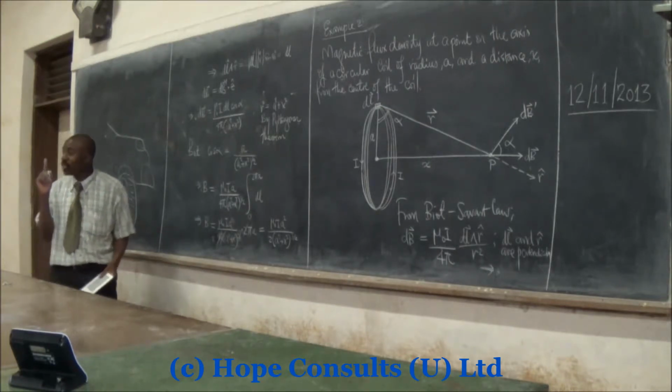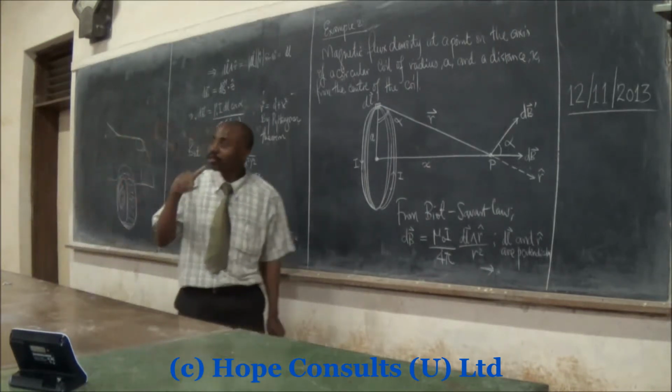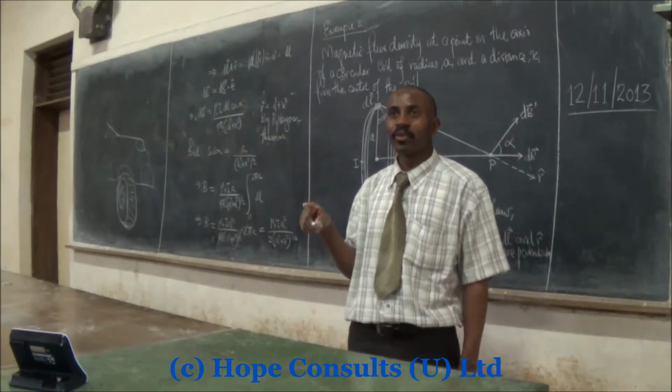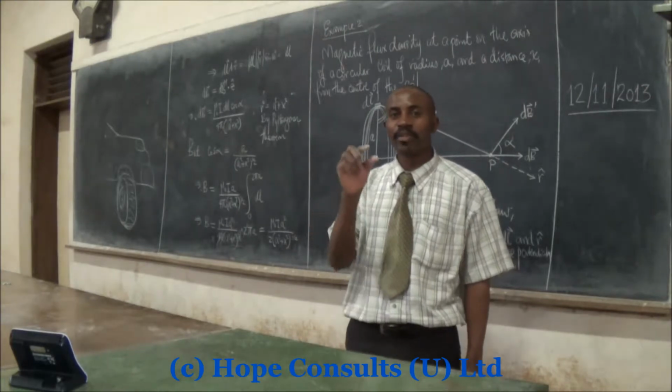That is for only when we consider one strand of the ring. If it was just a ring of one strand, like one piece of wire.